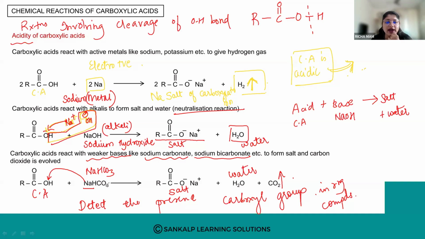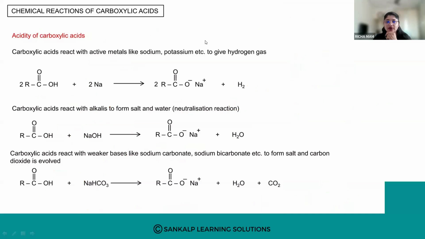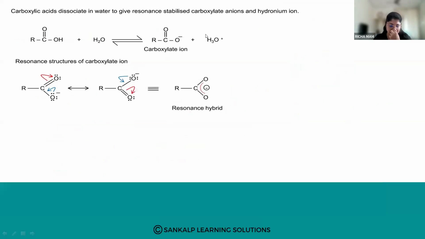Then you get H2O and CO2 gas. So when NaHCO3 reacts with your carboxylic acid, you get salt, water, and carbon dioxide. Is it clear? Any difficulty up to here?